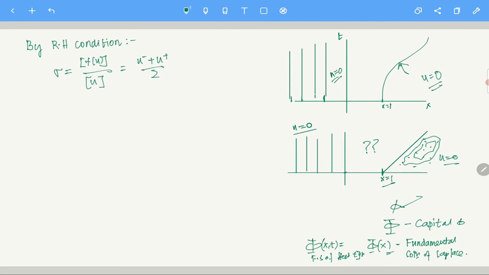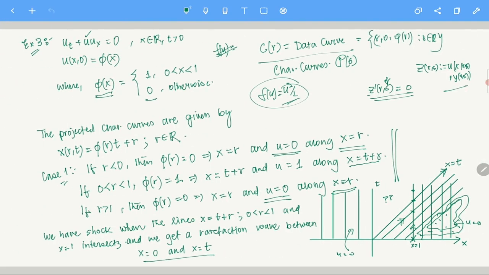On the other side, u plus is always going to be 0. I don't know what u minus is, but from here you can see that if this has to be satisfied in these areas, u minus is going to be 1, right? Because of the initial condition, initially it is getting carried out like 1, up till x equals 1.